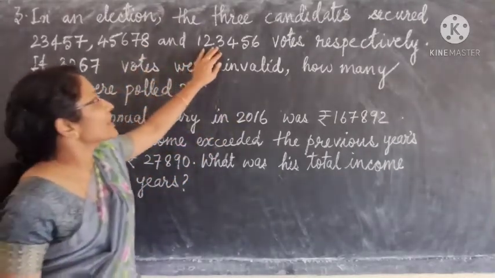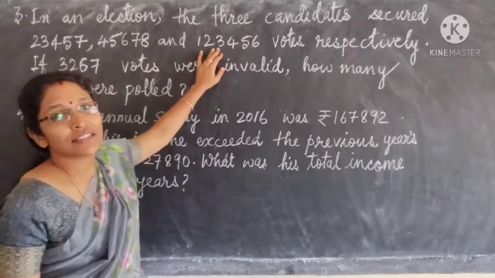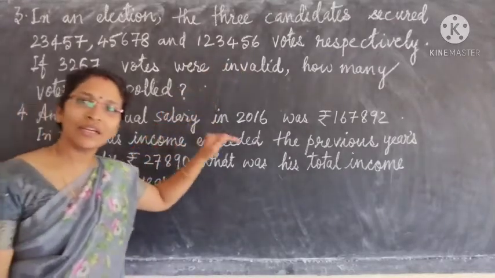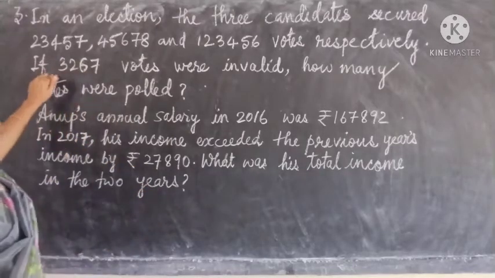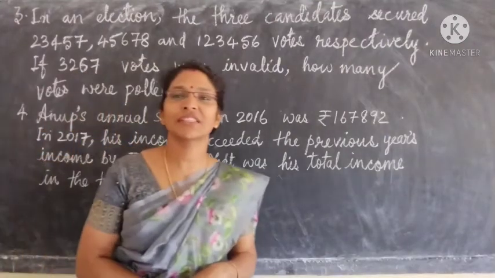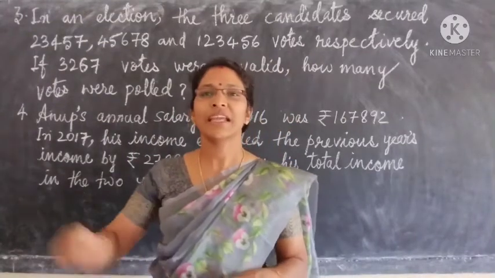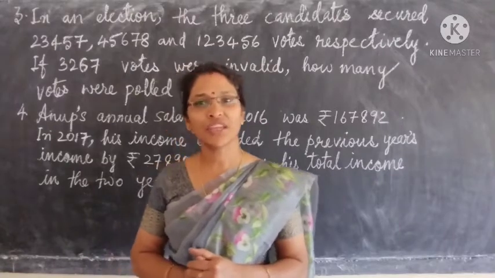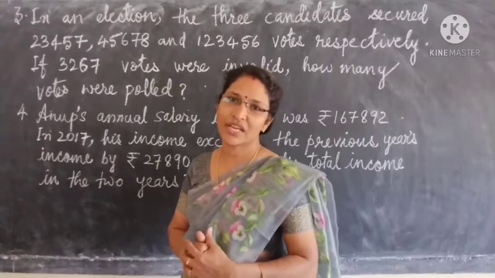Now, the next number is 1,23,456. This is the number of votes secured by the third candidate. Now, one more number we have to add. What is that? 3,267. What is 3,267? These are the invalid votes. Then what we can write? Invalid votes is equal to 3,267.